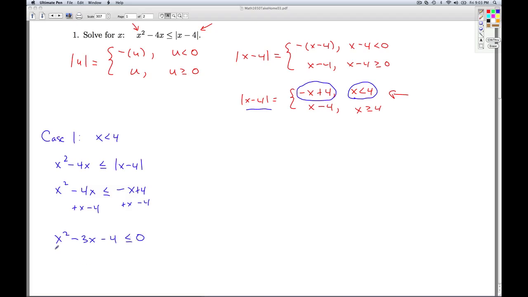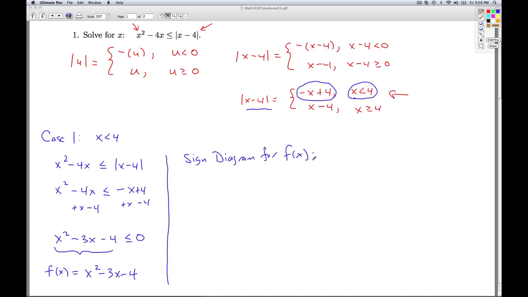So at this point, I'm going to call the left-hand side of this inequality my function f of x. And I'm going to create a sign diagram for this function. To do that, I need to find the zeros for f of x, and then I need to check around it whether it's positive or negative.